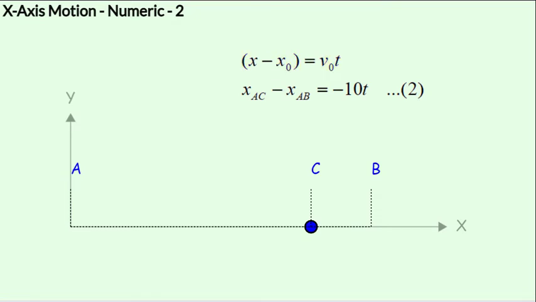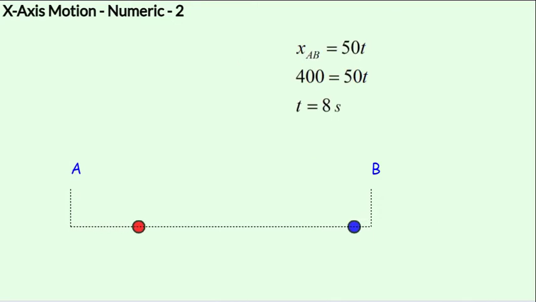Our origin is at point A. So the initial displacement xab for ball B is 400 meters. The final displacement is the distance between A and C, xac, which is unknown to us. The initial velocity is minus 10 meters per second, which is the velocity all the way for ball B. Using this, we obtain our second equation.